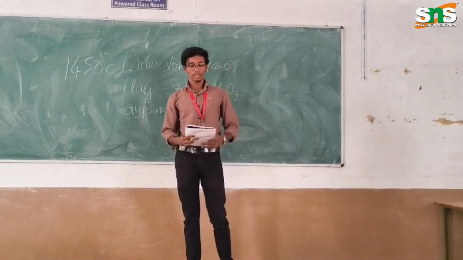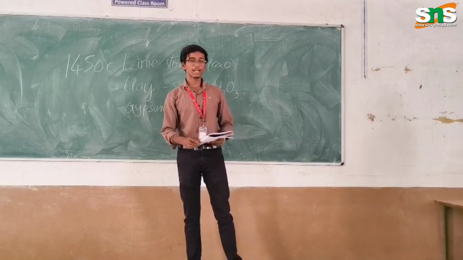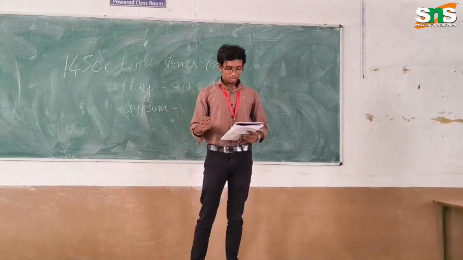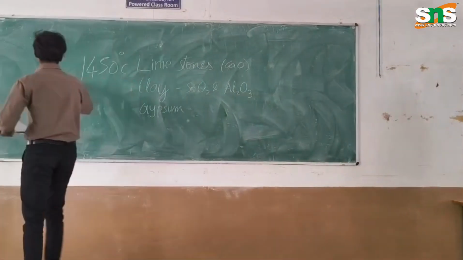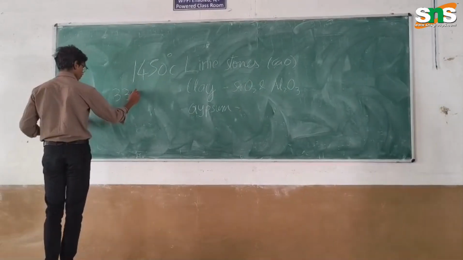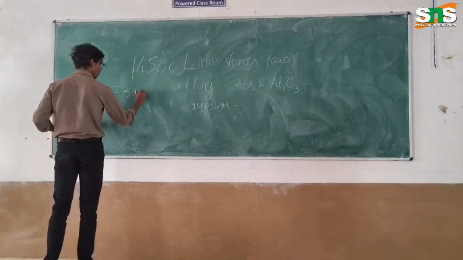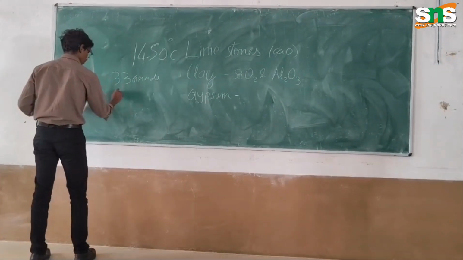So next, in terms of the grade of cement, we have three grades, namely 33, 43 and 53.